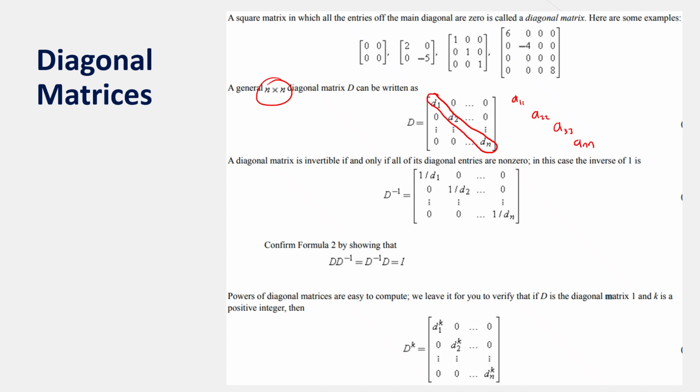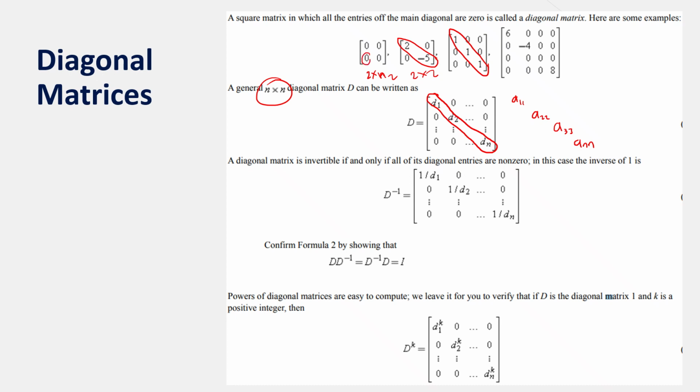Take an example of a 2 by 2 matrix and this other 2 by 2 matrix. This one is called a diagonal matrix because all the entries outside the main diagonal are 0.